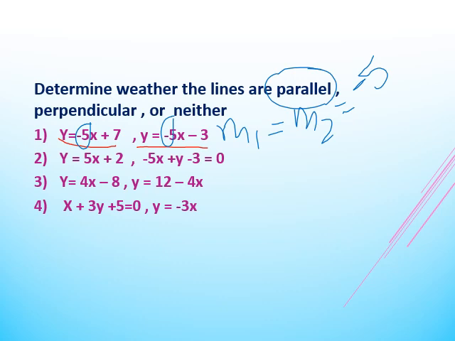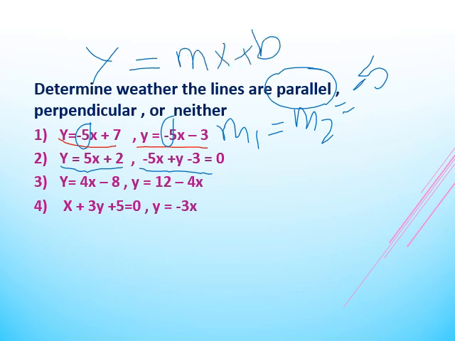For the second example, y equals 5x plus 2, and the other line is negative 5x plus y minus 3 equals 0. Please note that if we compare two lines, they should be in the same form, which is the slope form, y equals mx plus p.